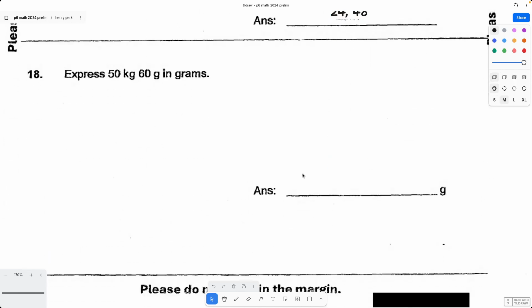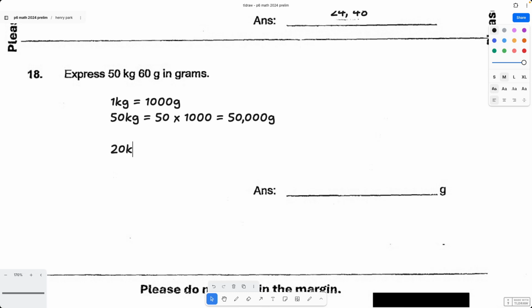Question number 18. Express 5 kg 60 grams in grams. So recap, 1 kg is equal to how many grams? 1000 grams. And then 50 kg is equal to 50 times 1000, which equals 50,000 grams.